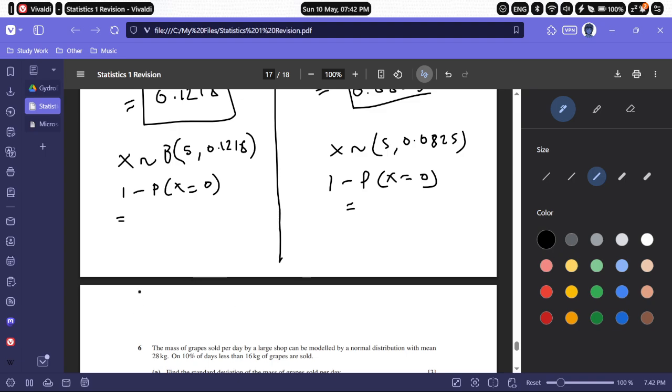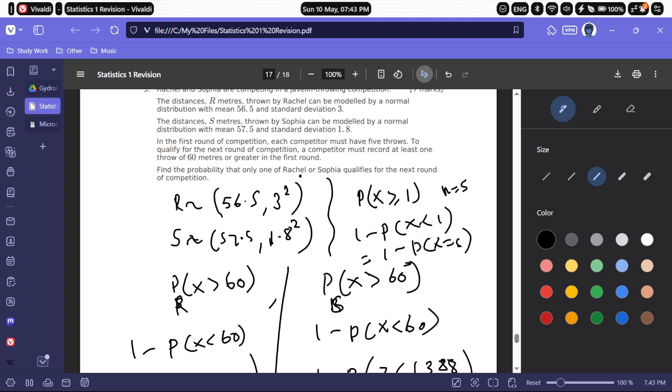That would give you 0.477 for Rachel, and for Sophia it would be 0.25 raised to 5, giving 0.349. Okay, so this is basically the probability that Sophia or Rachel qualify for the next round.